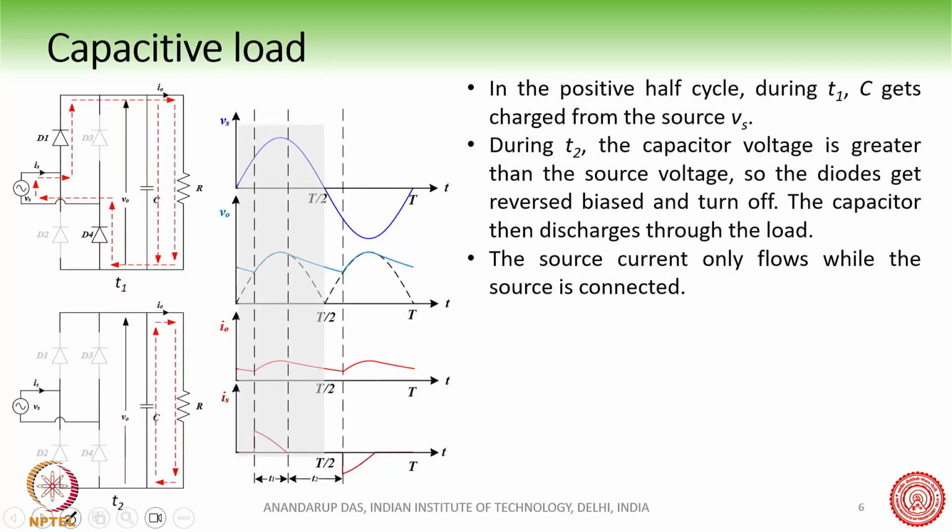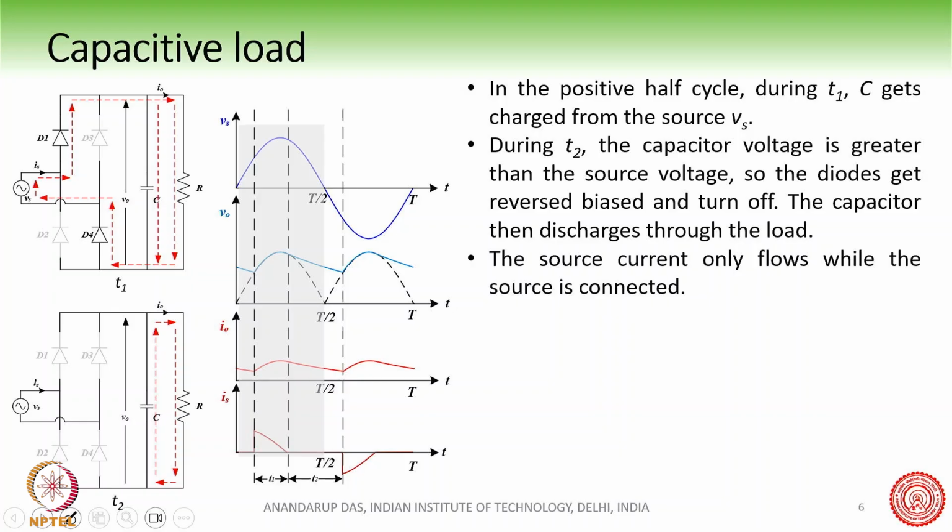So how does this circuit operate? Very simple. Like previously, we can analyze the circuit in two halves, the positive half and the negative half of the AC cycle.